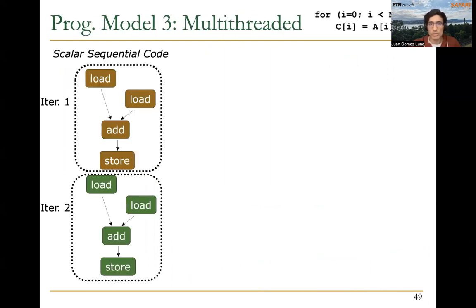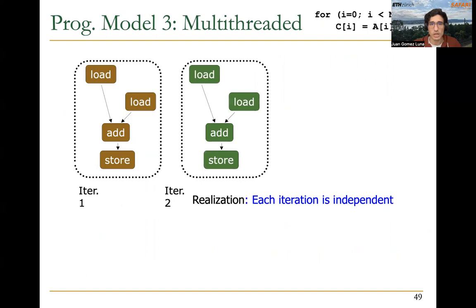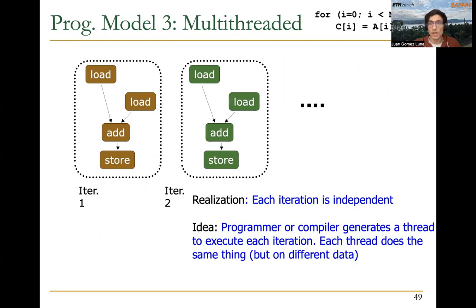But we can also write the program in a different way. We can also realize that each iteration is independent, and now we can generate threads. Instead of SIMD instructions, we can generate threads such that each thread executes one iteration of this vectorizable loop. This is what we could do, for example, in a multi-core machine, such as a multi-core CPU. We can assign successive iterations to successive cores in our CPU.